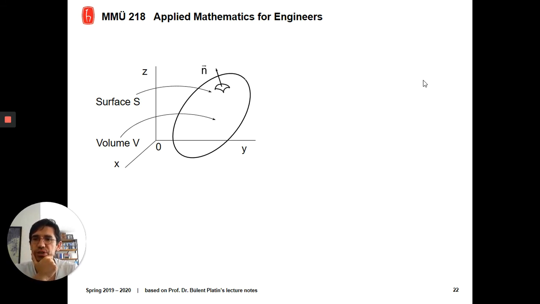If you are wondering about the flux, let's say, out of a surface, and this surface is enclosing a volume, then you're lucky.